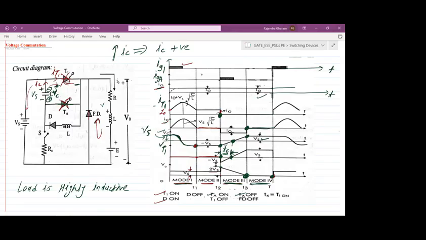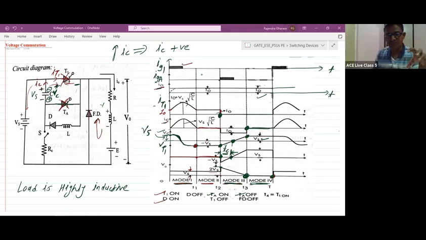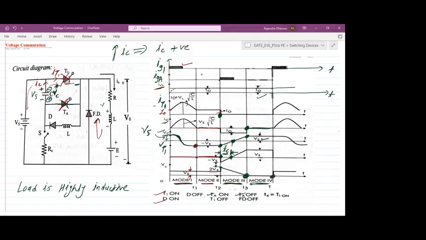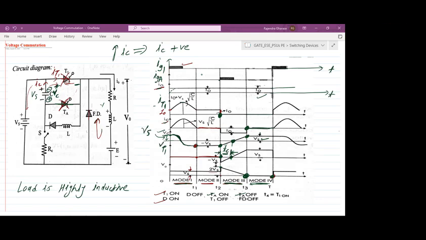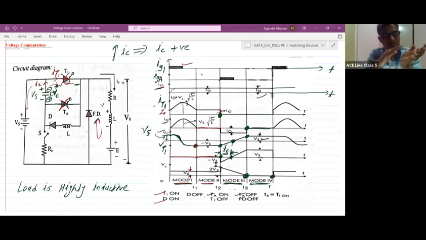Due to the high reverse voltage, thyristor T1 is turning off. That's why it is a voltage commutation. Tomorrow we'll discuss current commutation. In that, the current flowing through thyristor T1 first becomes 0, and after that the reverse voltage will be maintained.